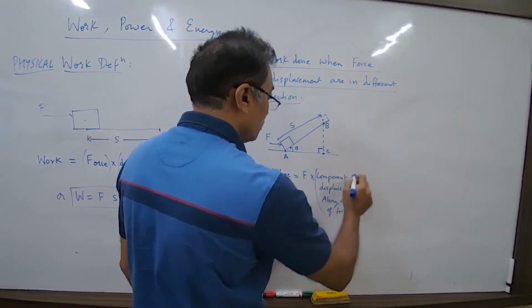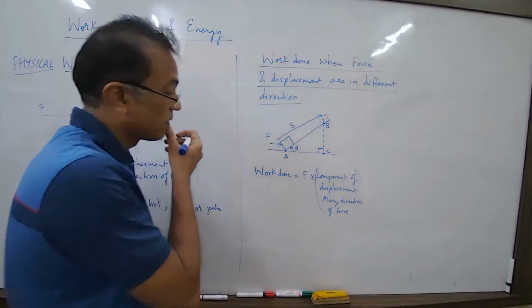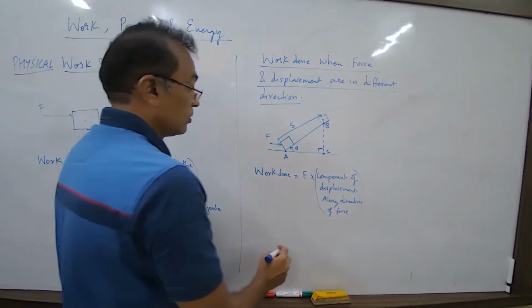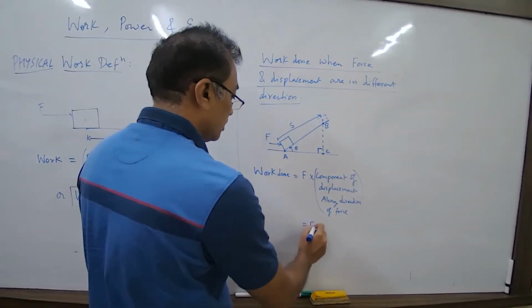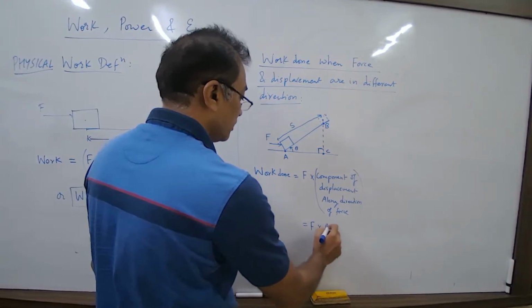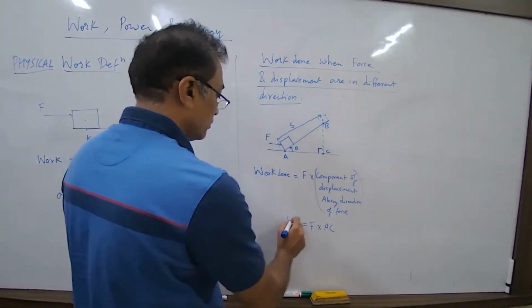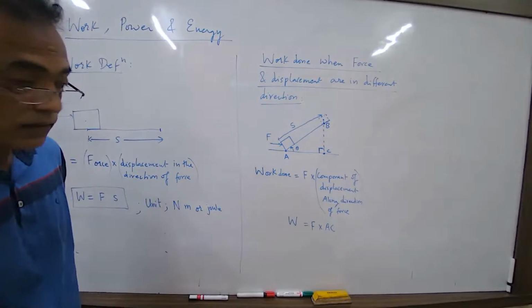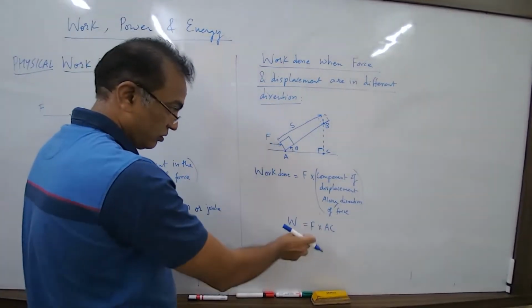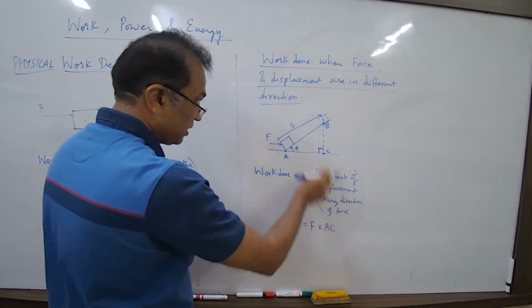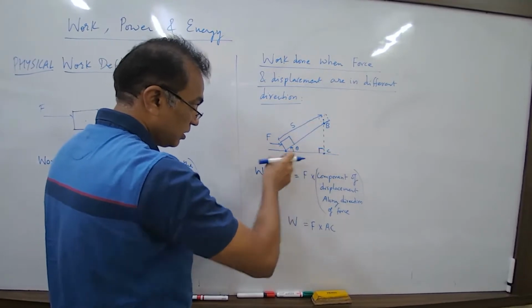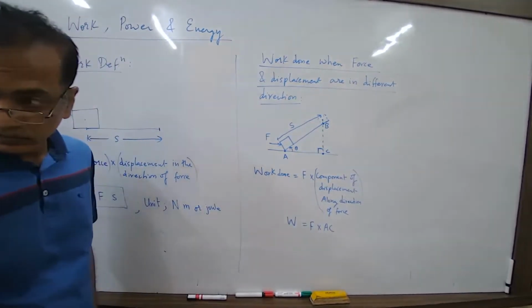This product will be work done. That is F into AC. Because F is the magnitude of force. And what is AC? Displacement in the direction of force.